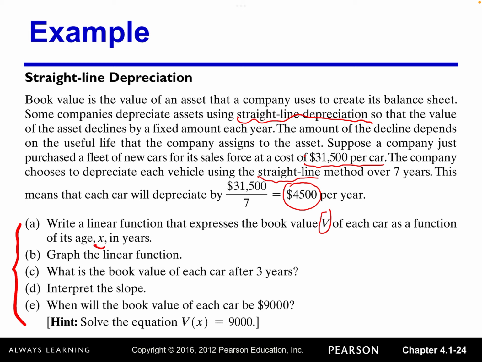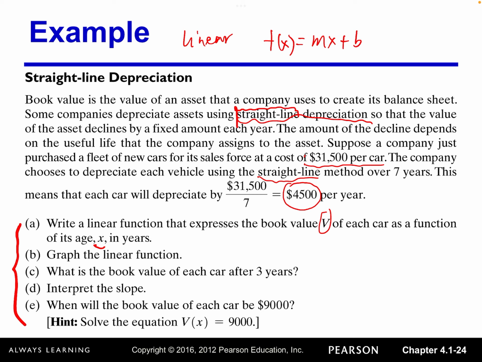So the key words, which I've already marked in red: straight line depreciation. Straight line tells us the function is a linear function, right? Because only a linear function has a graph that is a straight line. So once you see straight line or the keyword linear, right away you can write a function f of x equals mx plus b.